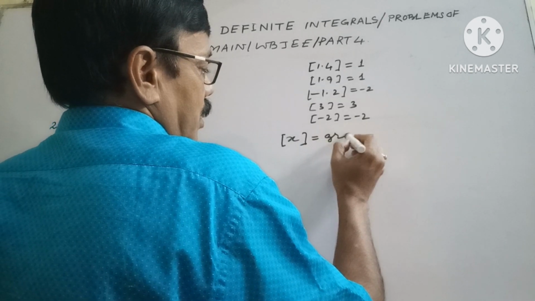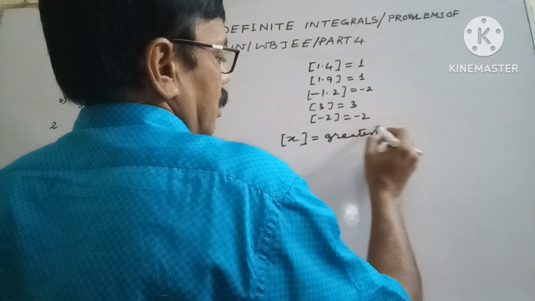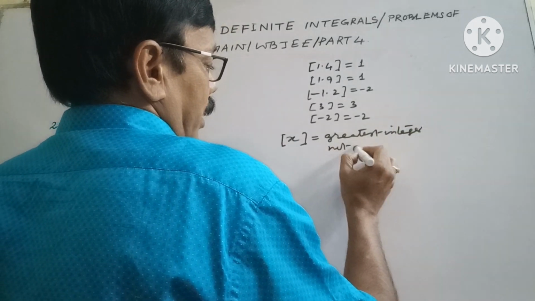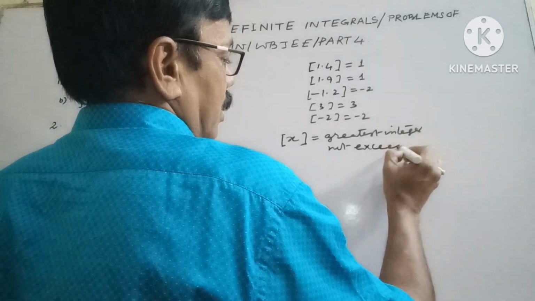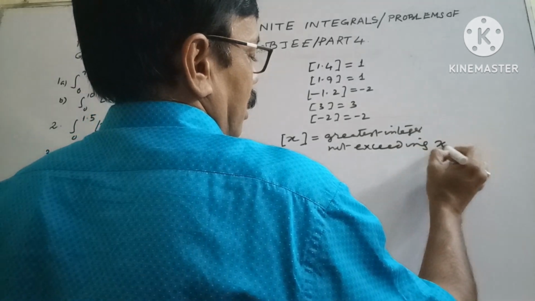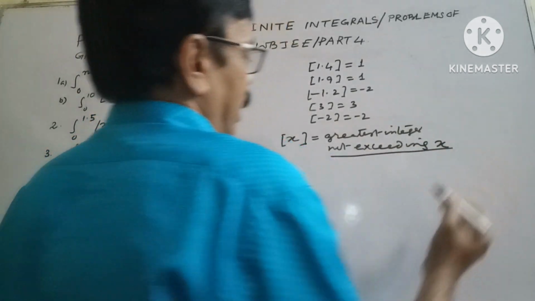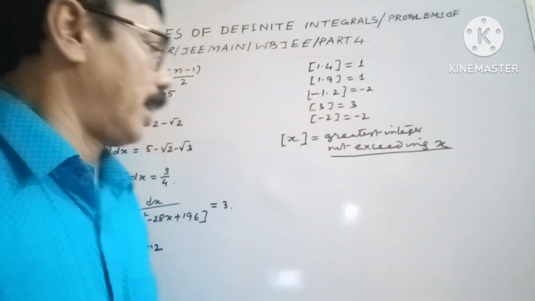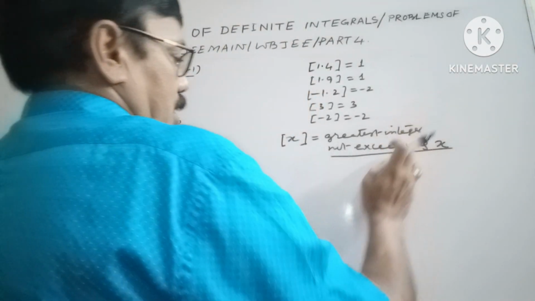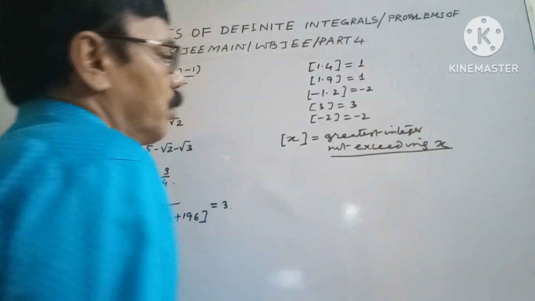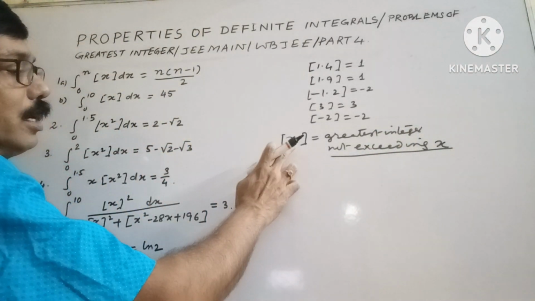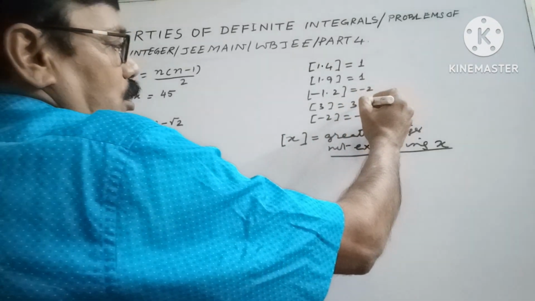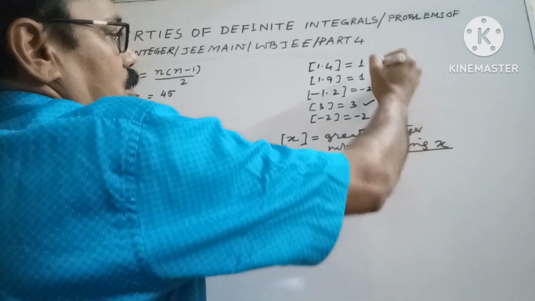The definition is greatest integer not exceeding x. It may be equal to x but not exceeding x. So the greatest integer value should be an integer but not exceeding x. It may be equal to x. So look, see, this is minus 2.